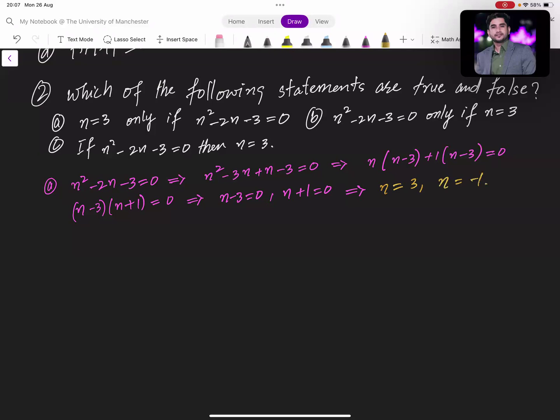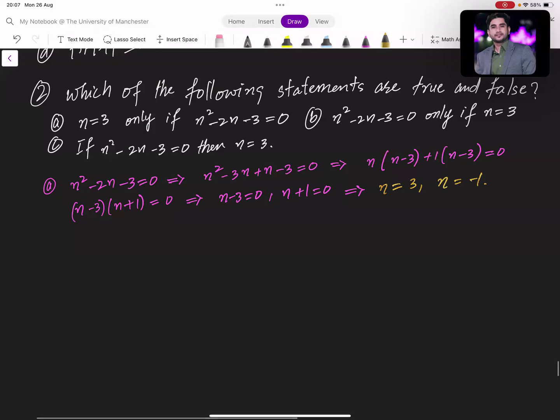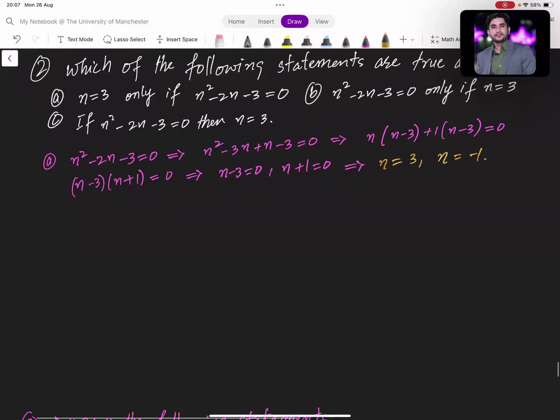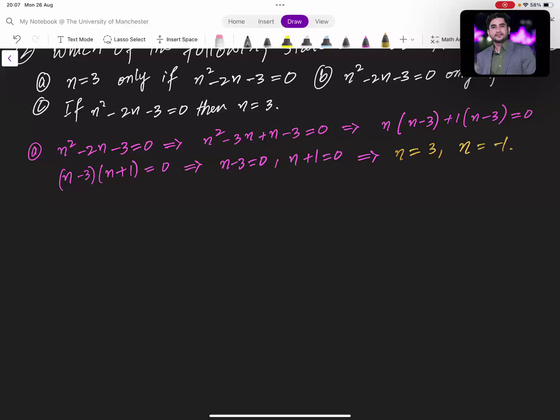So from here, we can say that n is 3 only if this equation is equal to 0. So this says that A is true. So this is true.